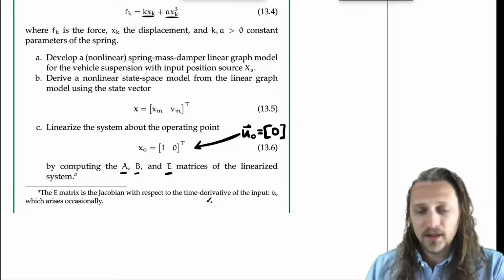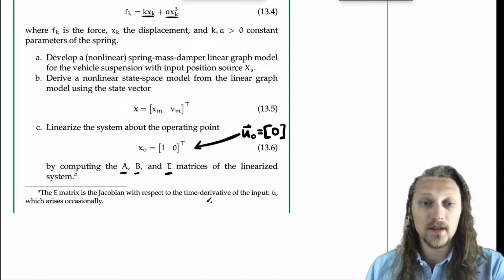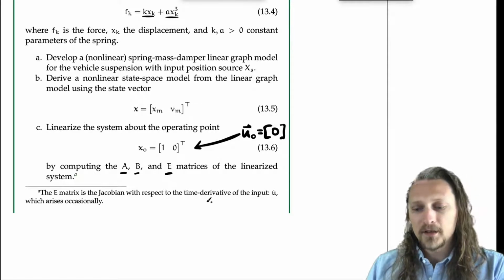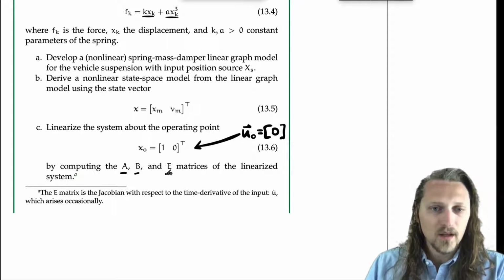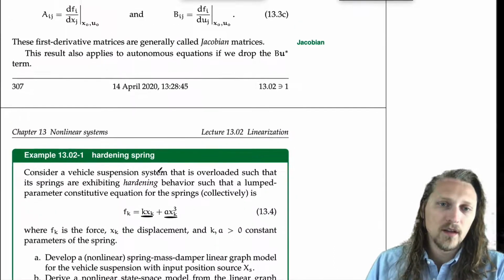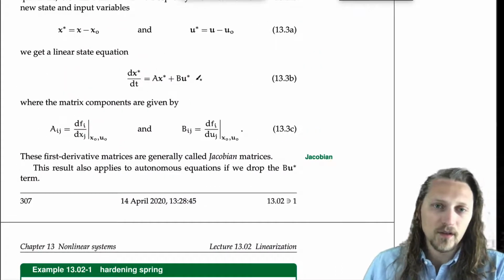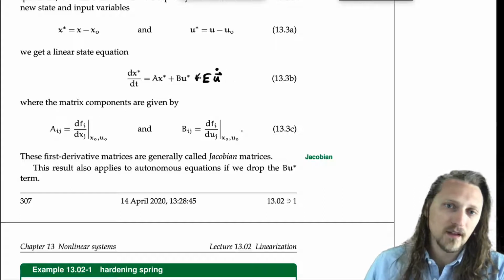Even in linear systems, sometimes a time derivative of input variables will appear in the state equations. It doesn't happen very often. We've actually ignored this fact for most of the term, but occasionally there'll be the A and the B matrices, and then there will also be an E matrix, which will be multiplying u dot, in this case u dot star, but it doesn't have to be star.